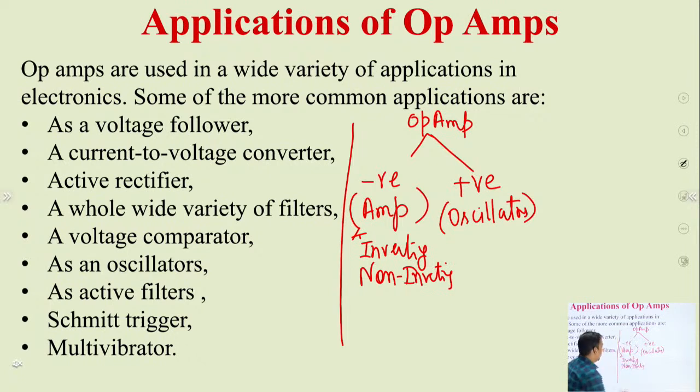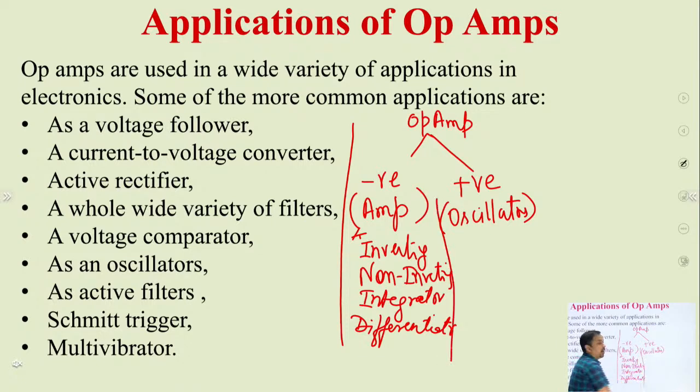Next we have the integrator, the differentiator, the unity gain amplifier, the summing amplifier, the difference amplifier. Means all the amplifiers are basically under this particular head, which is the negative feedback. Whereas in the positive feedback, we have the oscillators.